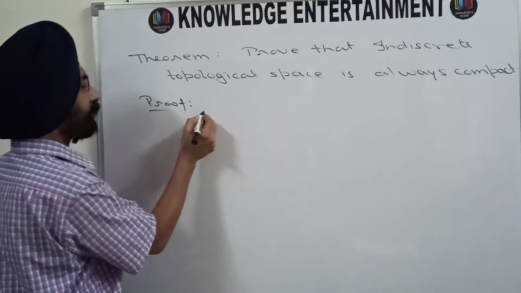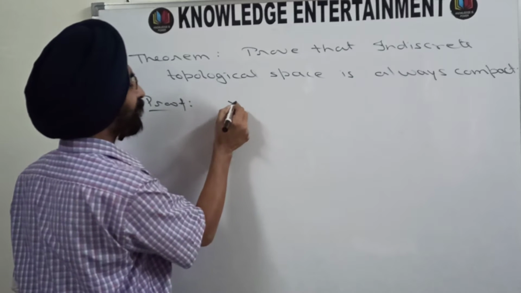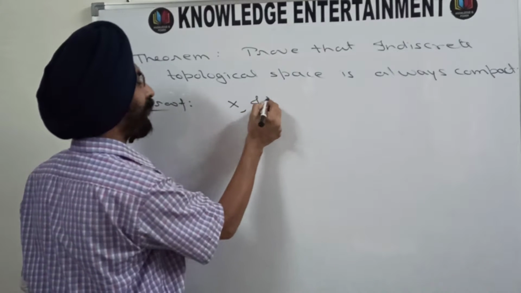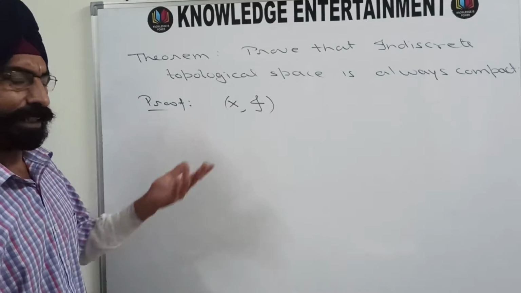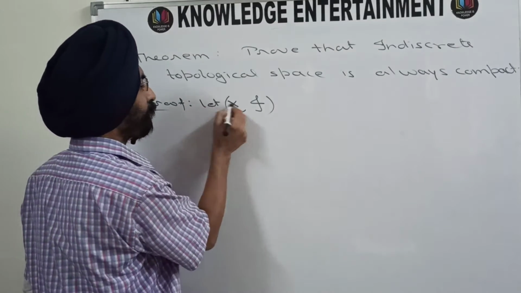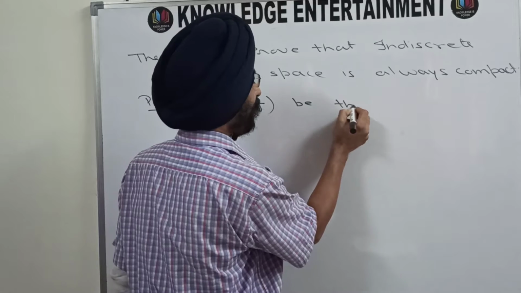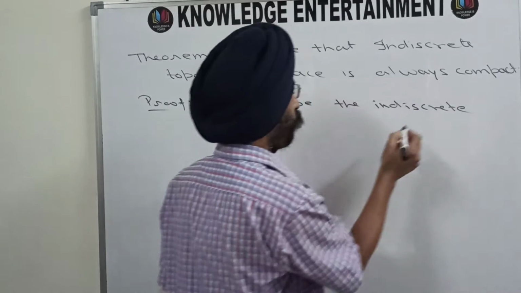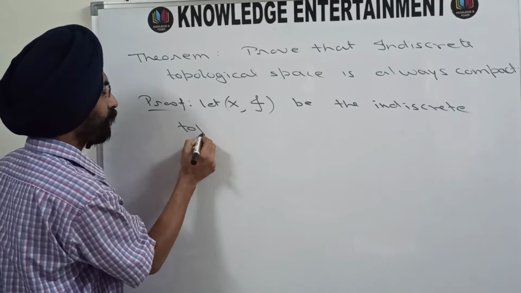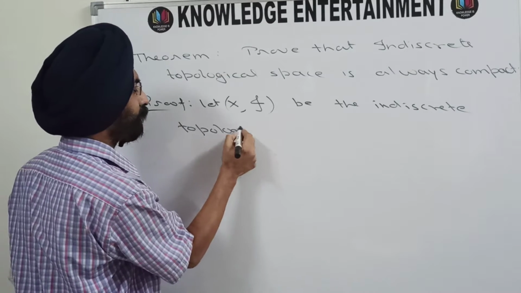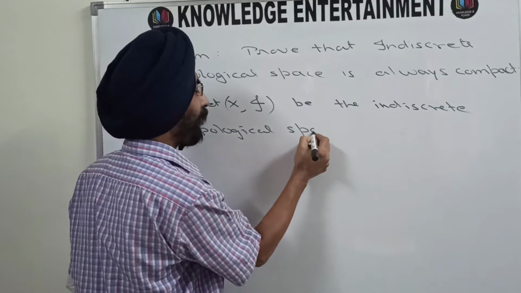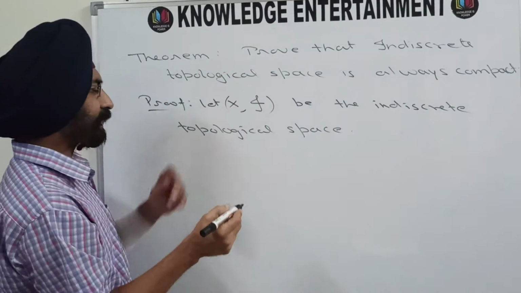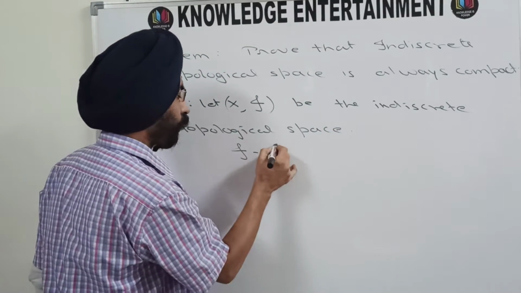Why? Because if X, and I am denoting by I the indiscrete topology, so let X, I be the indiscrete topological space. We know that in indiscrete topology we are having only two members.